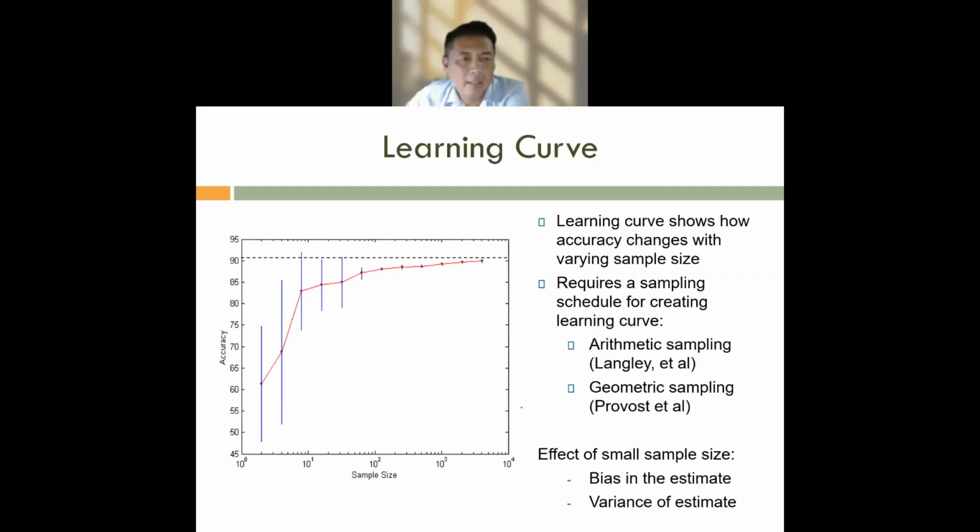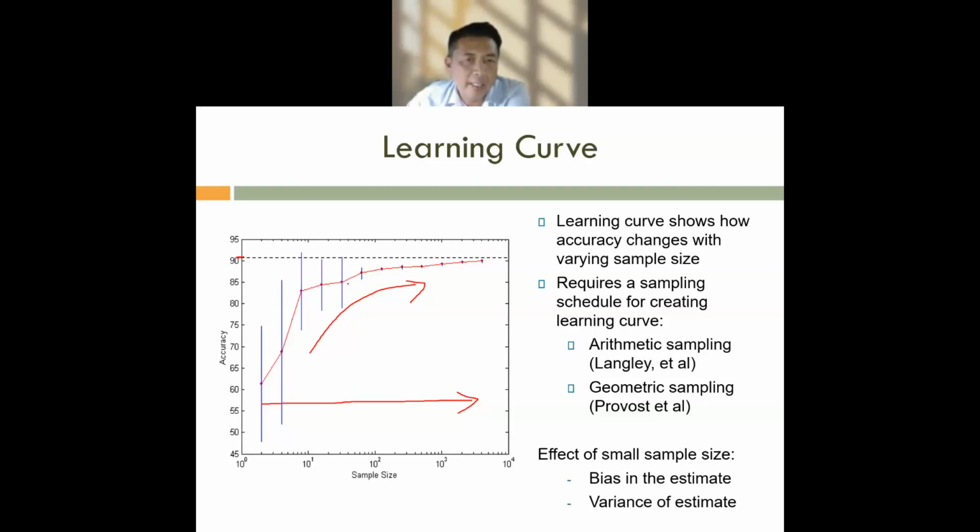Based on the sample that we get, we know that if we have a higher sample size, we will be able to increase the accuracy. But how much? Because the maximum accuracy we get will be here. How much sample size do you need?